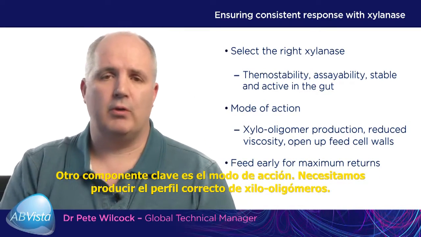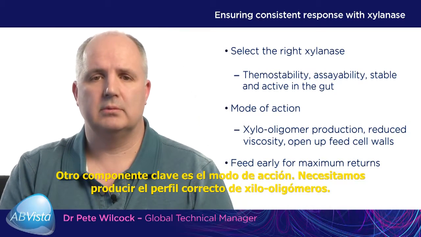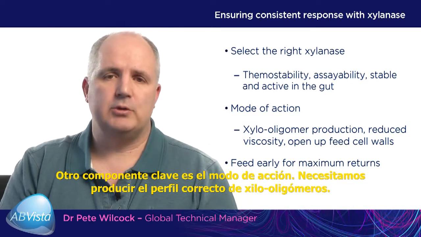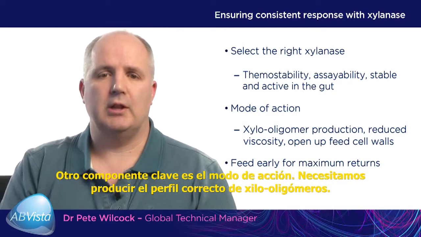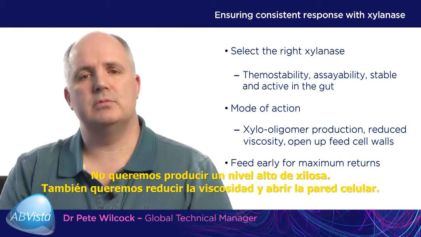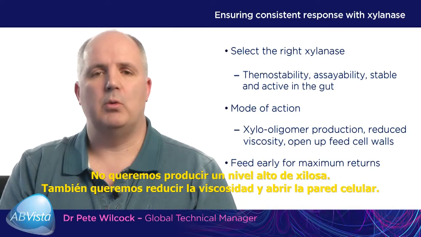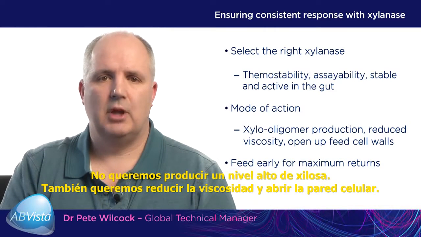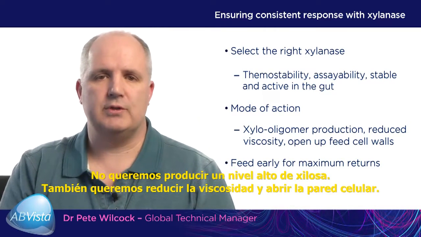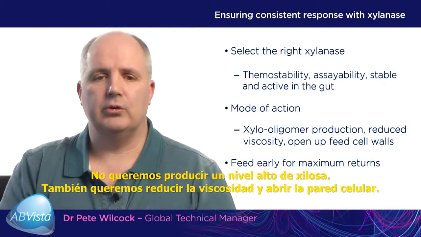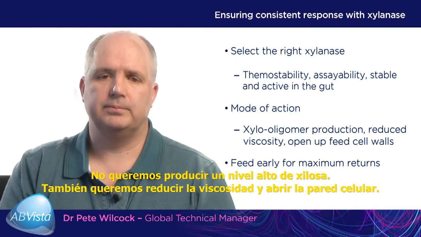Another key component, which we've already discussed, is the mode of action. We need to be able to produce the right profile of xylo-oligomers. We don't want to produce a high level of xylose, we want to produce the right profile. We also want to be able to reduce viscosity and also open up feed cell walls.